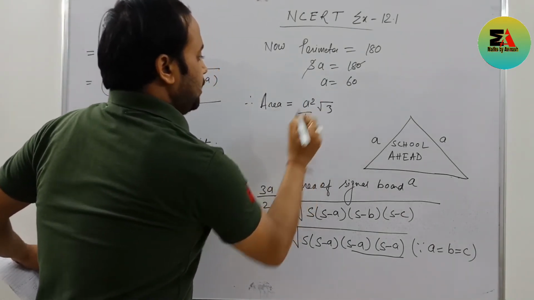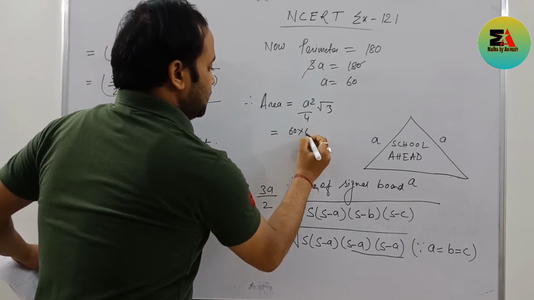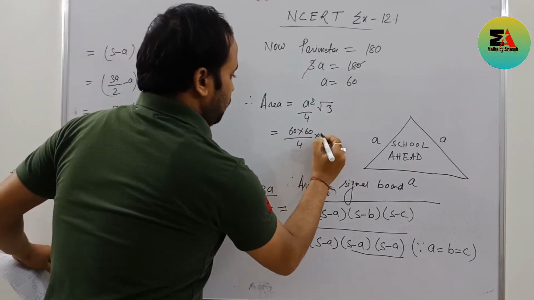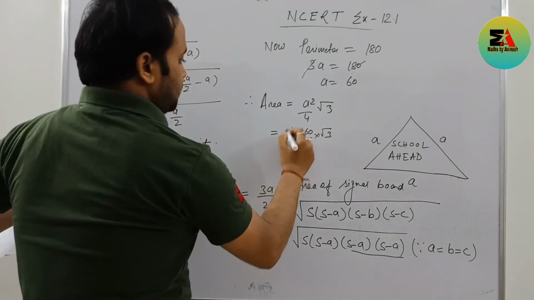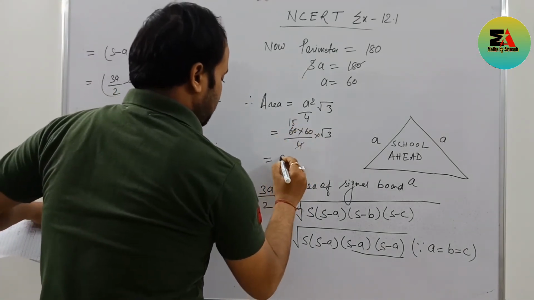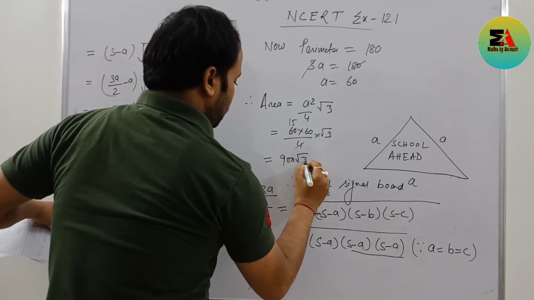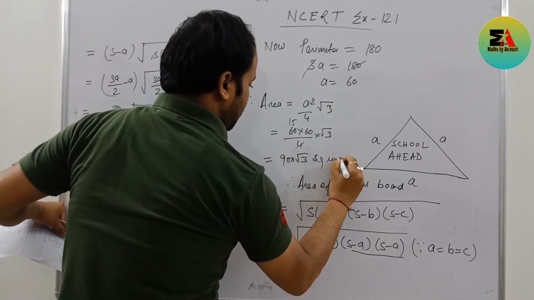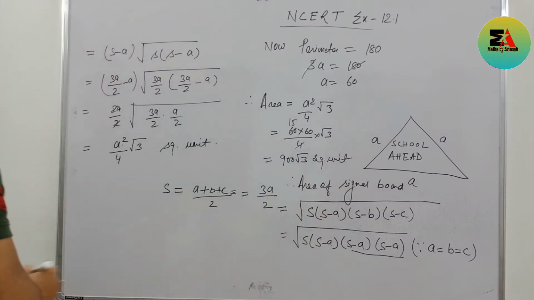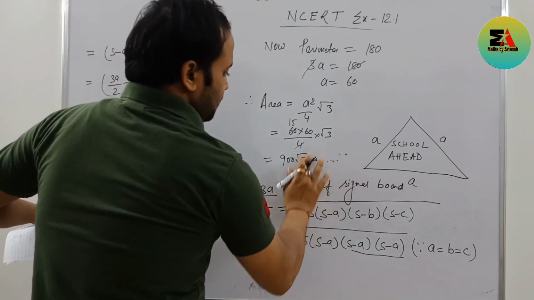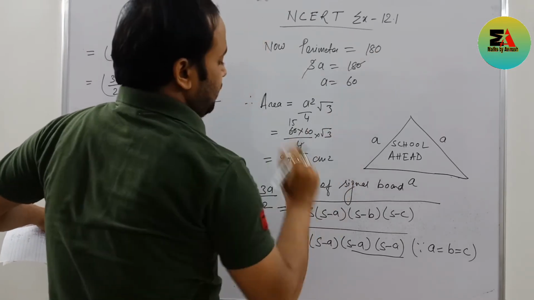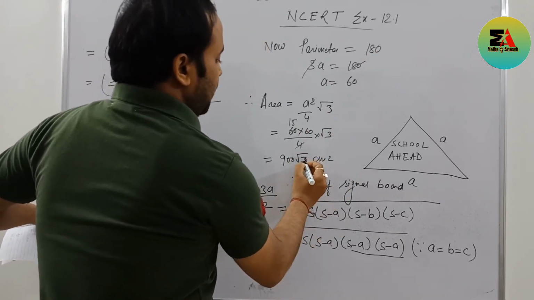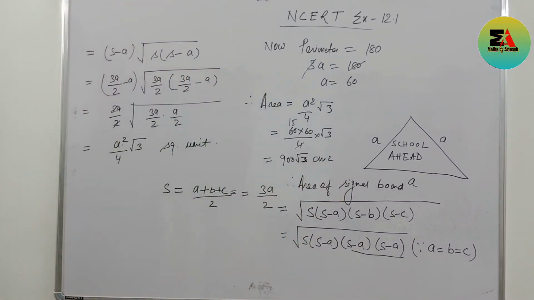In place of a we write 60 into 60 by 4 into root 3. This cuts up to 15 times. This becomes 900 root 3 square unit. If this is written in centimeter, because area is in centimeter, you write 900 root 3 centimeter square. I hope this one is clear to you.